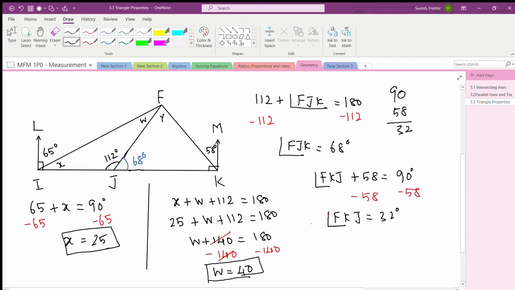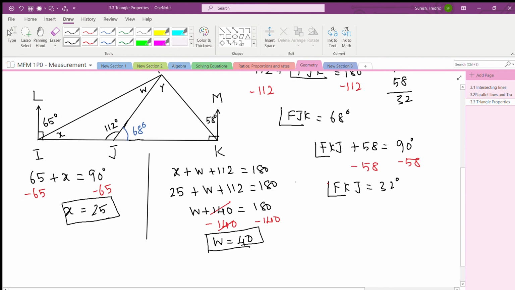So the final calculation, we are trying to find y. In the triangle that we have, y plus this angle, the 68, plus this angle, which we just found to be 32, they all have to add up to 180 because angles of a triangle add up to 180.